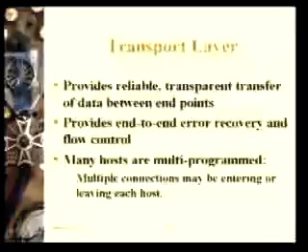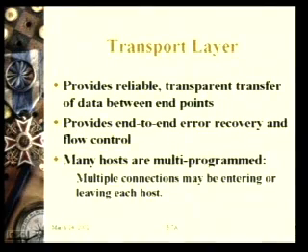Above the network layer is the transport layer. It provides reliable transfer of data between endpoints. So from here, source and destination are important, and not the intermediate points which may fall in your path. Looking at this particular example, suppose your train is from Delhi to Bombay, then these are the two endpoints.